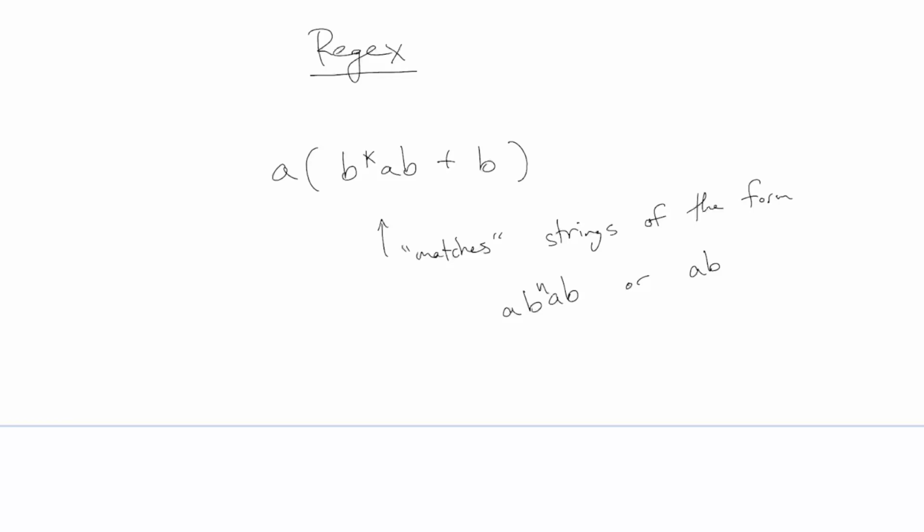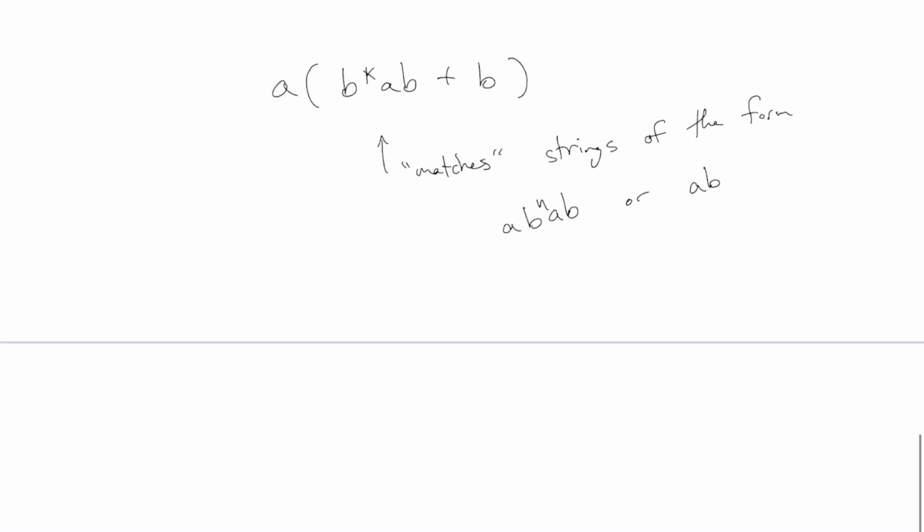Let's just try and talk through again how to read one of these regular expressions. You just have to understand what the various operations mean. And the operations are the star, the plus, the parentheses, and also what it means when you just write one thing next to another thing. So I will refresh our memory. The plus means or. This is easy enough. The star means, I would say, something like iteration, or you could say repetition, although it's not precisely repetition in the usual sense.